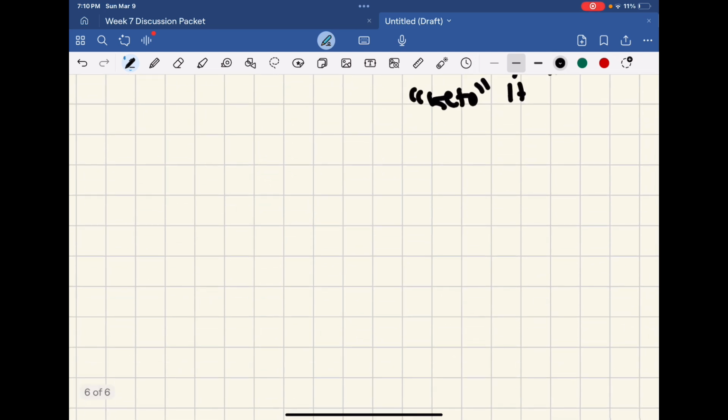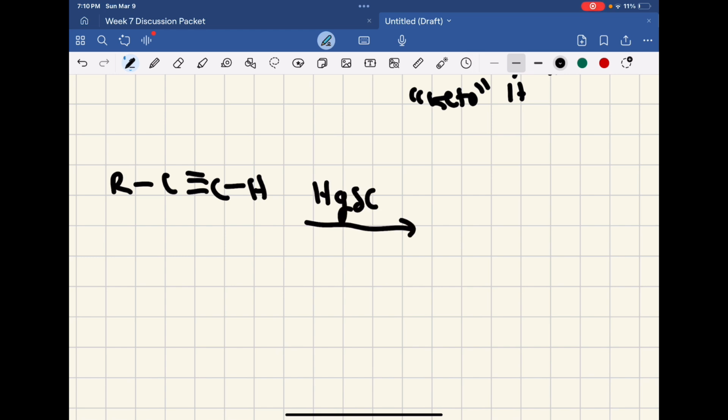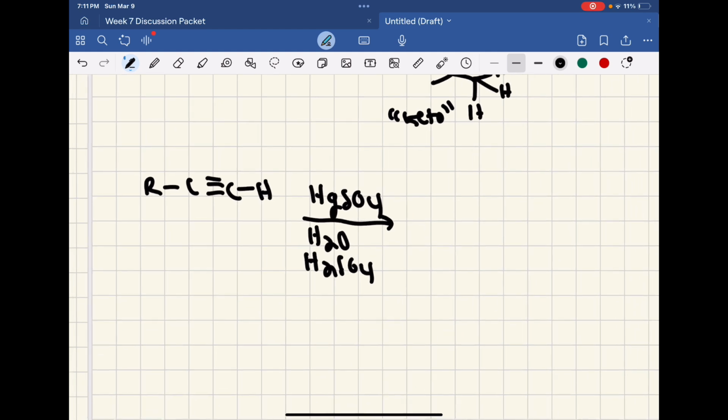Okay, so how do I approach this problem? Well, if I had a generic terminal alkyne, it doesn't have to be terminal. The reagents here are going to be mercury sulfate, water, and sulfuric acid. So you can see it's similar to the oxymercuration we saw before.